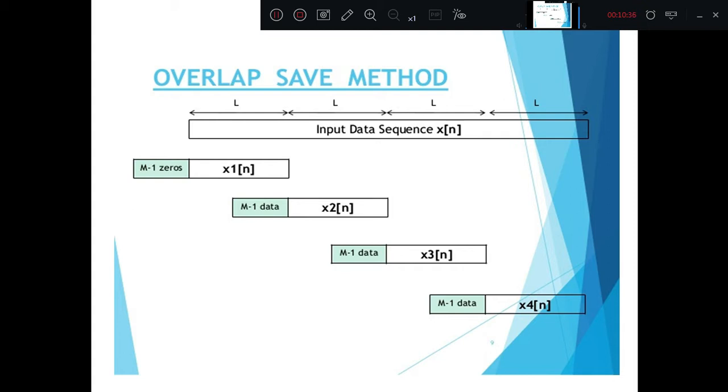So if I take N equal to 5, and the size of x1 of n is L, we know that N is equal to L plus M minus 1. So the length of this one is what?